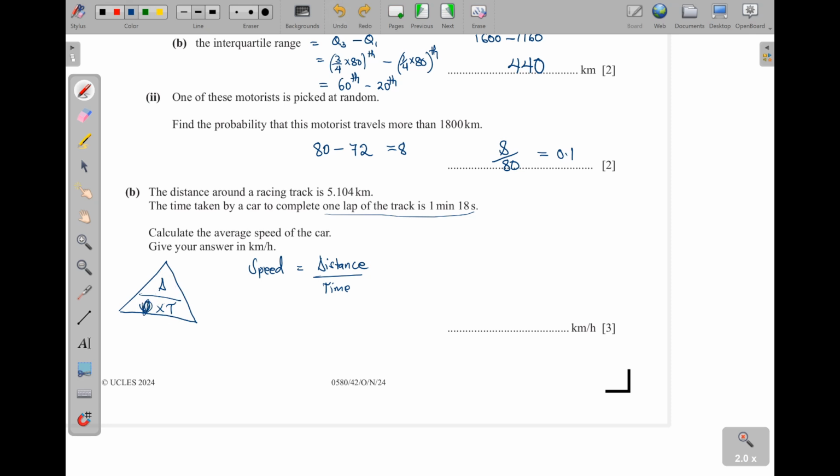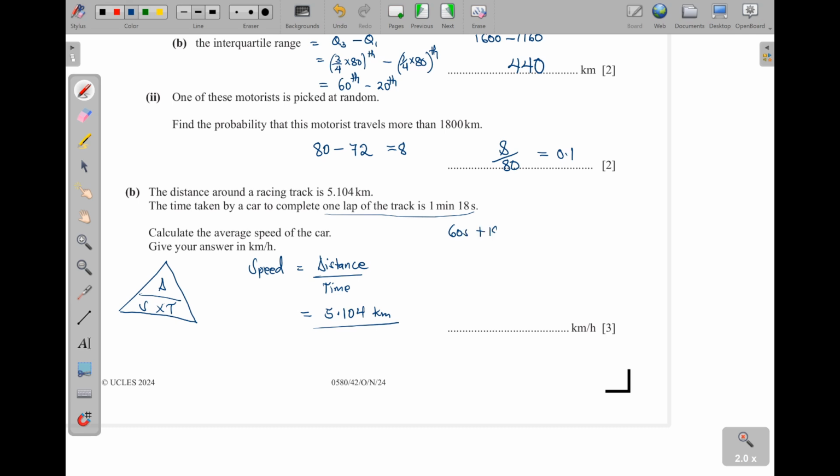You see that? Okay. Now the distance is 5.104. It is in kilometers. Then the time, we are given 1 minute and 18 seconds. And we are supposed to put it in per hour. Okay. So 1 minute 18 seconds is going to be this. 1 minute is the same as 60 seconds.